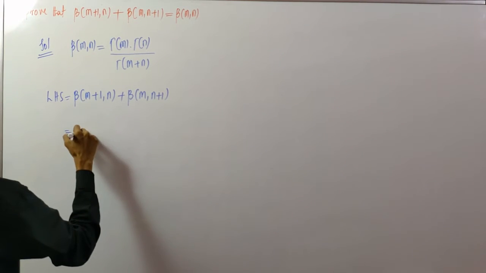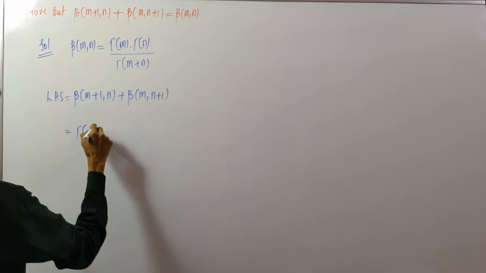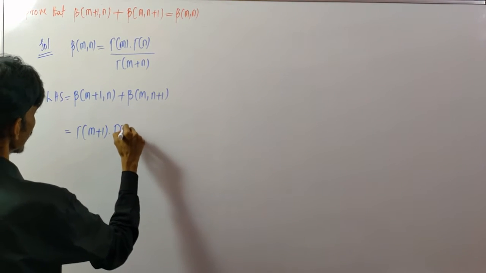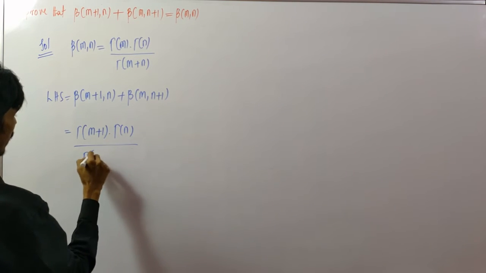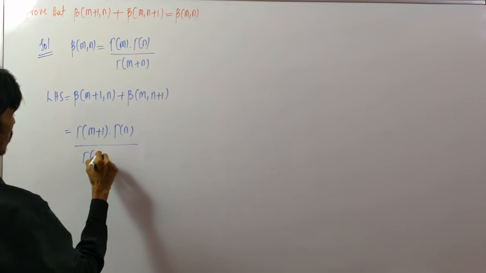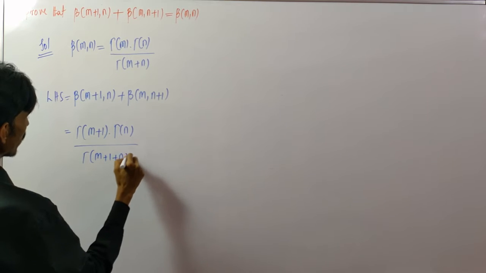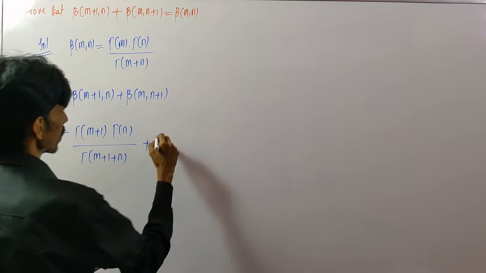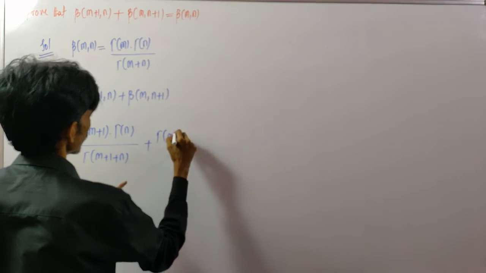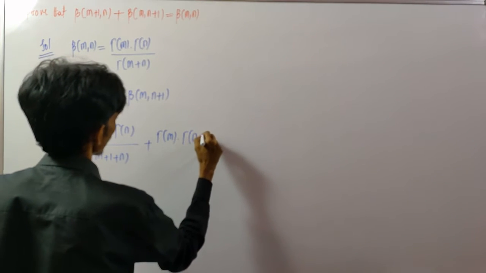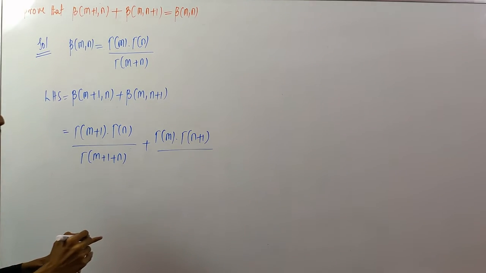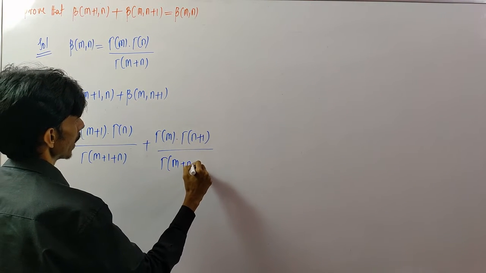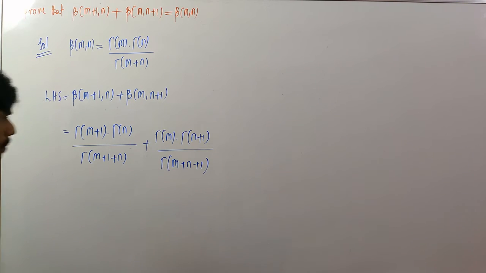Now this will become gamma of m plus 1 into gamma of n divided by gamma of m plus 1 plus n, by this formula, plus this will become gamma of m into gamma of n plus 1 divided by gamma of m plus n plus 1.